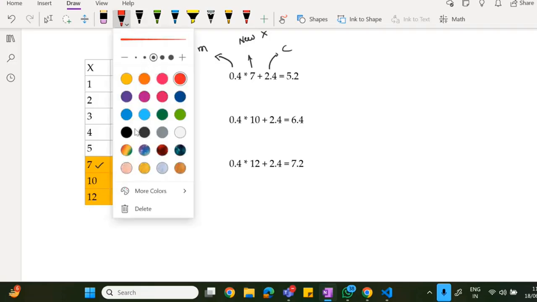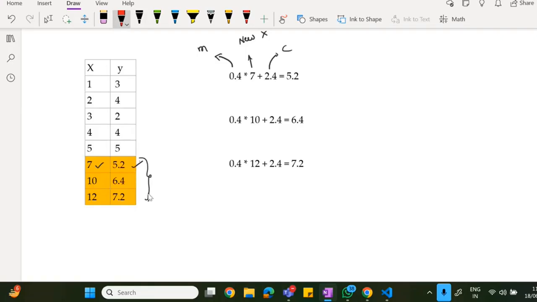Is there any error, is this equation correct, or is there any mistake in it? Definitely, it will not be 100% perfect. There will be some slight error. Now, how to identify those errors? How to find the errors?